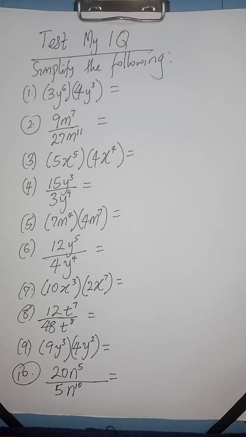And then number 8, you have 12t raised to power 7 divide 48t raised to power 8. And number 9, you have 9y raised to power 3 in brackets, multiplying 4y raised to power 2 in brackets. And then lastly, you have 20n raised to power 5 divide 5n raised to power 10.